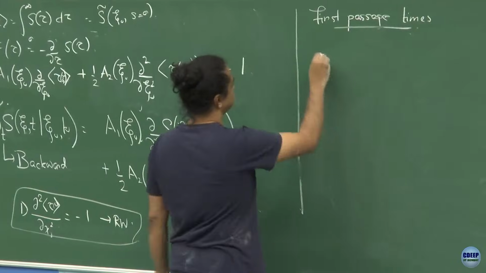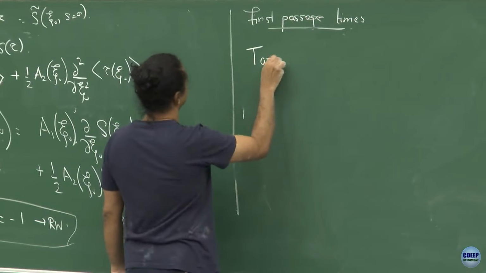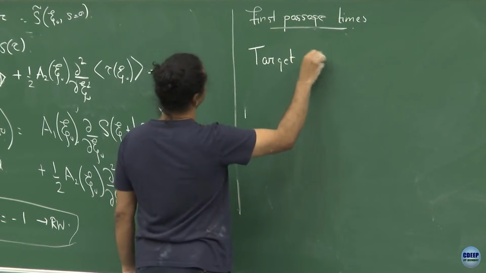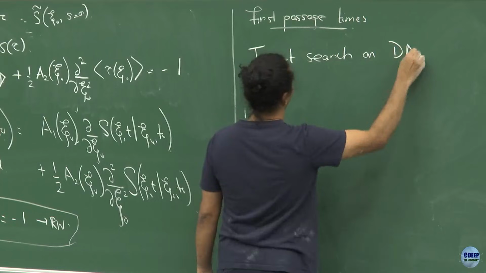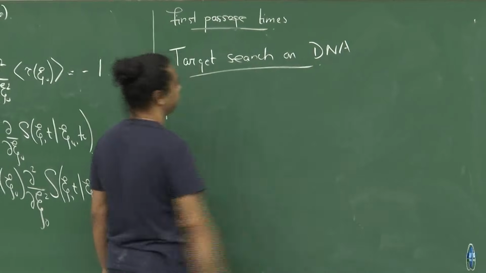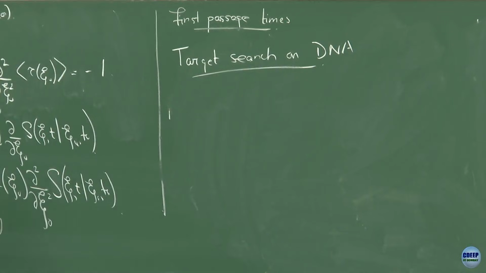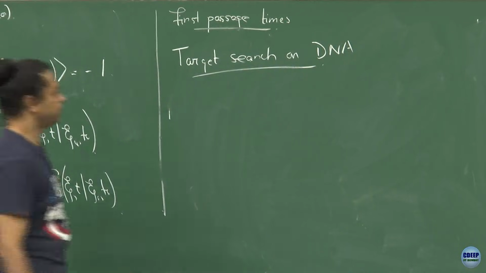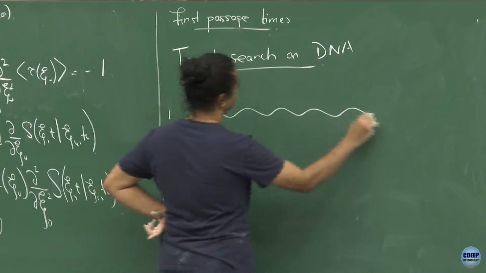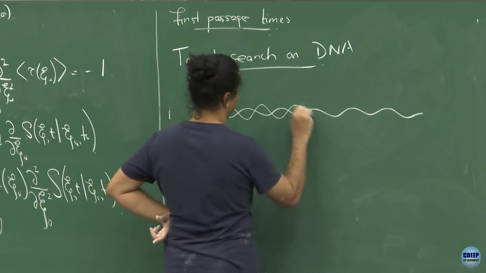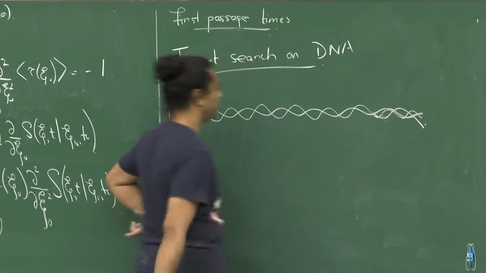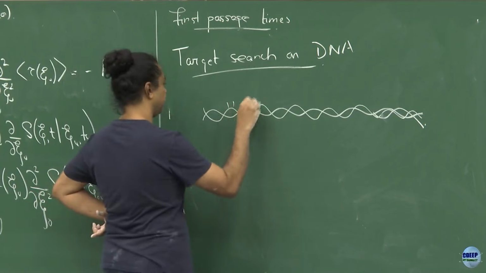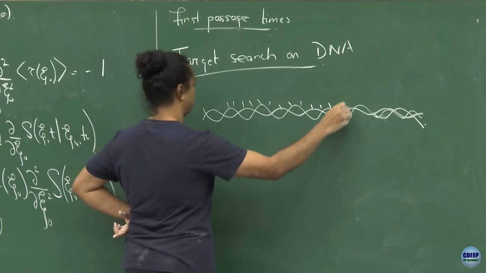So this is the target. I'll talk about the target search problem on DNA. All right. So what is this problem? I have my DNA double helix, and it has all your sequence, AT, CGs, and so on.